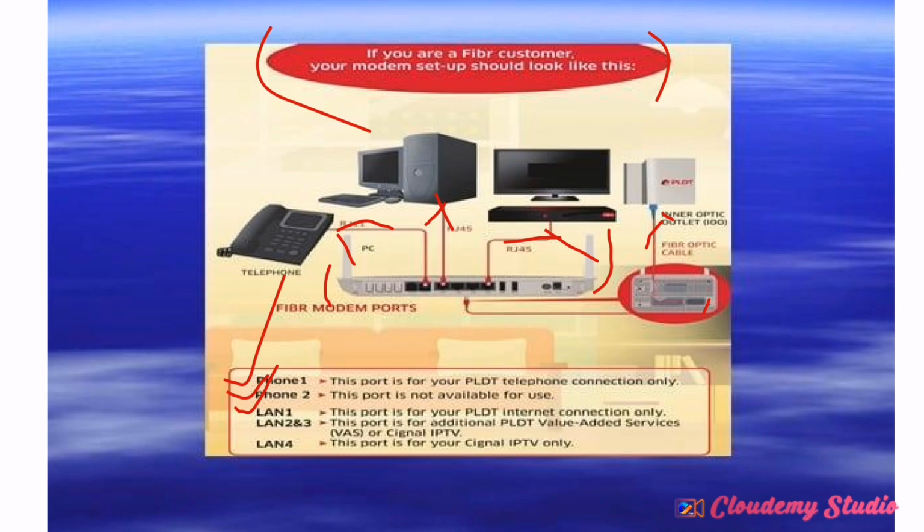Then LAN 2 and 3, this port is for additional PLDT value added services, VAS, or Signal IPTV. Then LAN 4, this port is for your Signal IPTV only. So they're just explaining how you use the fiber modem ports, nothing to complicate you.